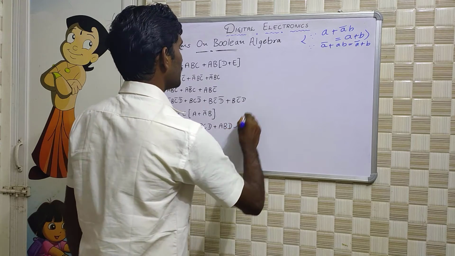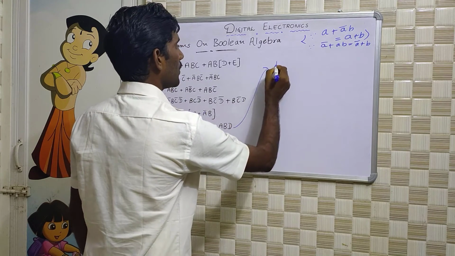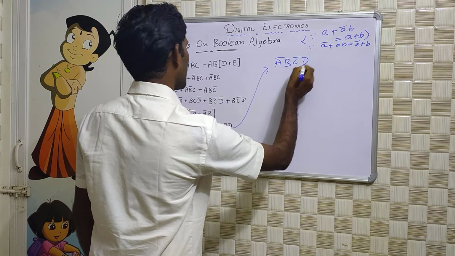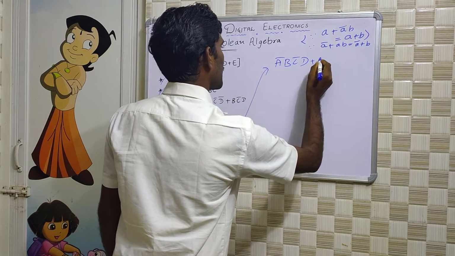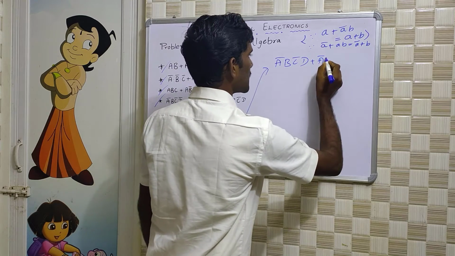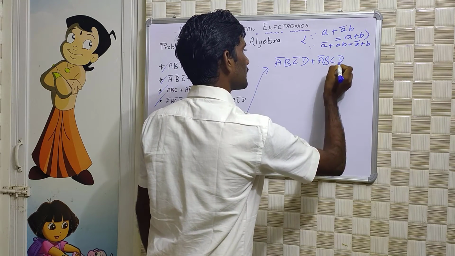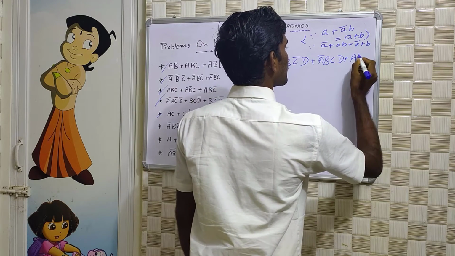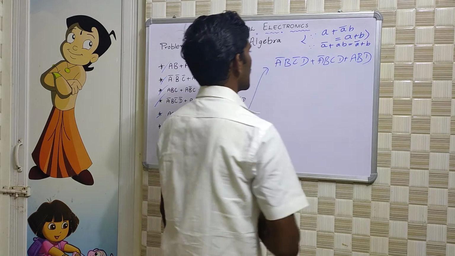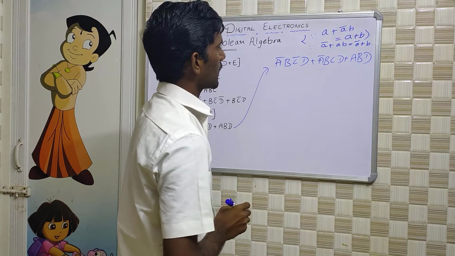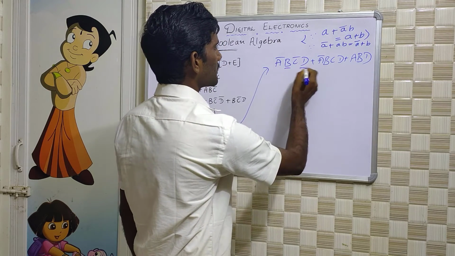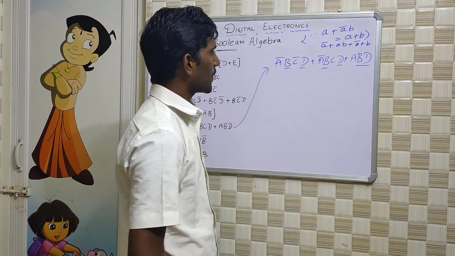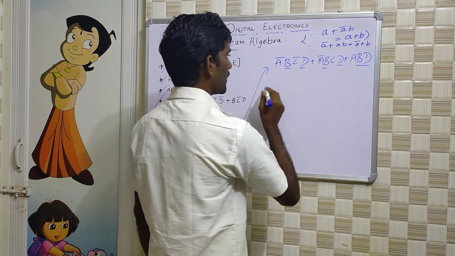So the next one, A bar B C bar D plus A bar B C D plus A B D. From these we have B D as common in all three terms.